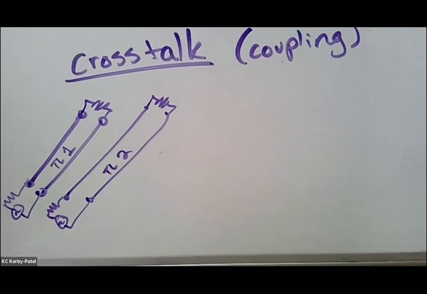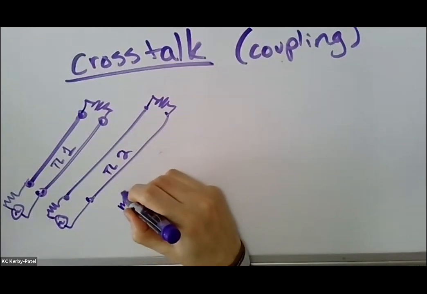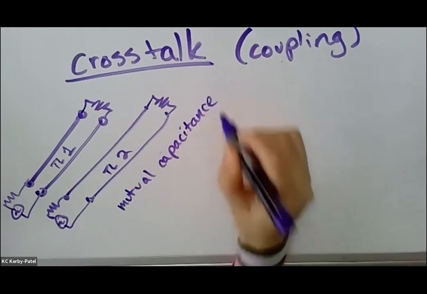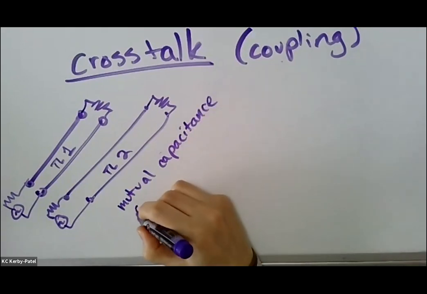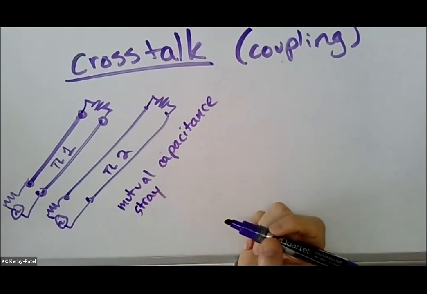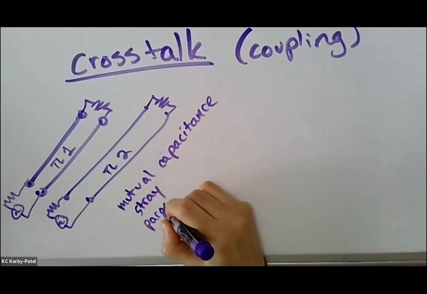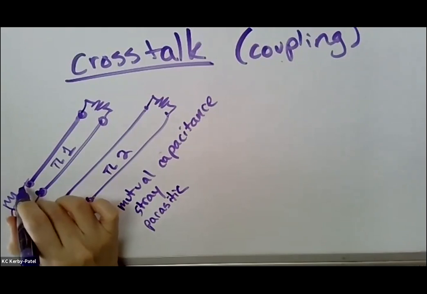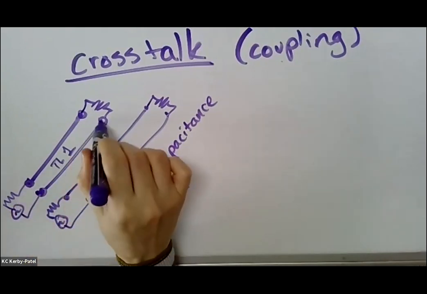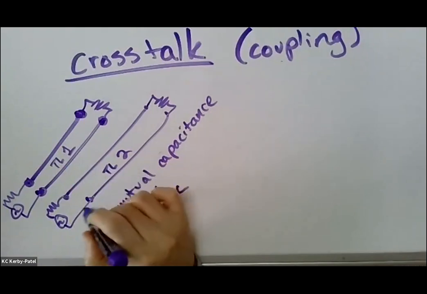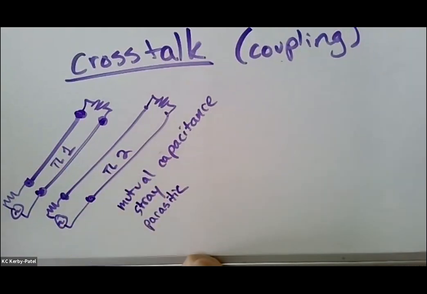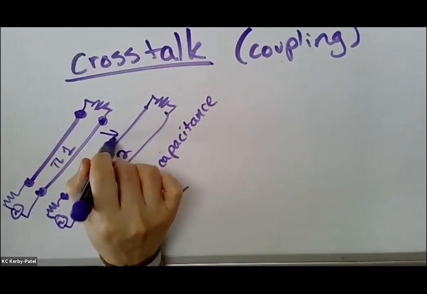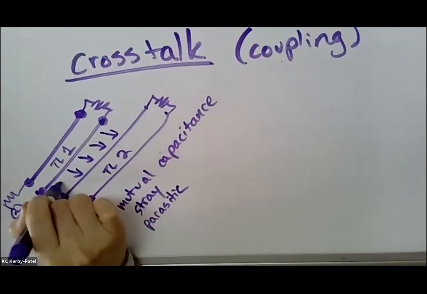But if there is a mutual capacitance between these things, which is also sometimes referred to as a stray capacitance because it was not intentional, or a parasitic capacitance because it draws current from what ought to be existing on transmission line 1 and not affecting number 2, and it sort of pulls it to somewhere else. Then what you can have is there's some electric field that exists between these two lines.